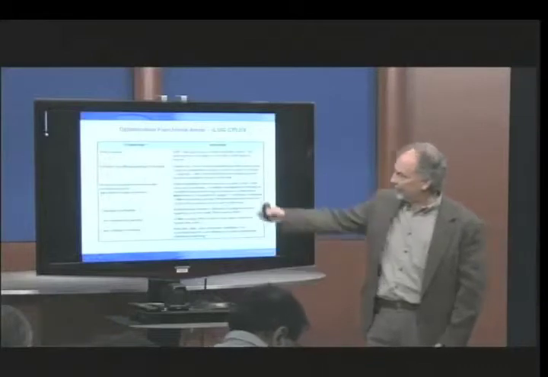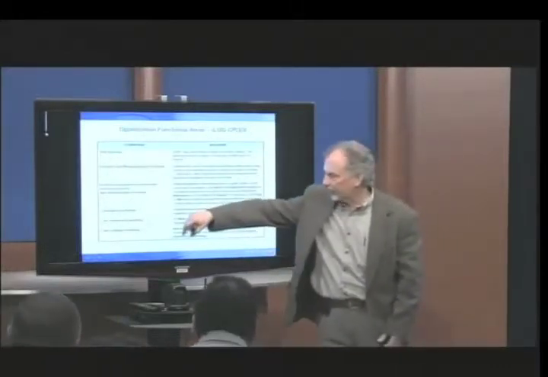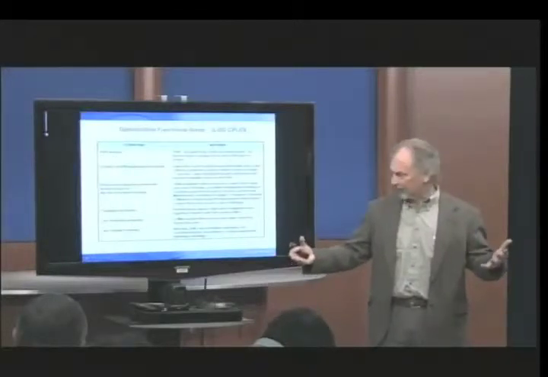And so here you see shift planning, portfolio reshuffling, resource allocation, routing, scheduling, campaign optimization, cash distribution. We actually have some banks that are going to be using iLog Cplex to do trade settlement between banks at the end of the day and to figure out the optimal way to move the least amount of money and make sure that all the accounts are settled.